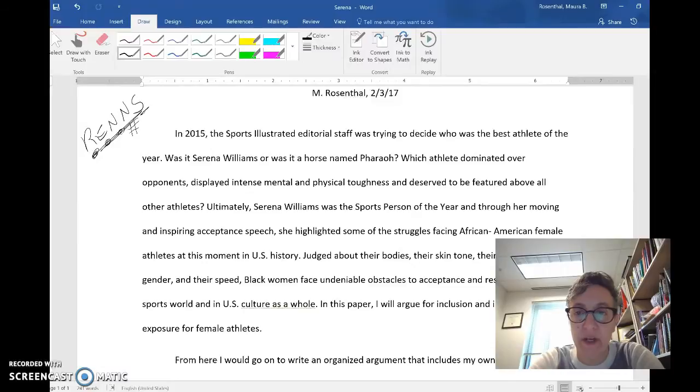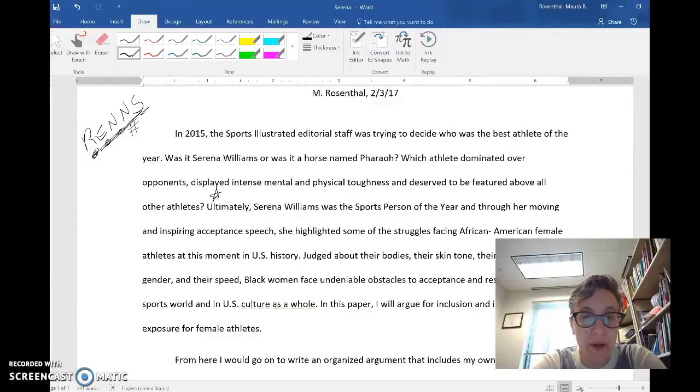I start the paragraph talking about who was the best athlete of 2015, asking questions about who actually dominated. This sentence here, ultimately, Serena Williams was a sports person of the year, and through her moving and inspiring acceptance speech, she highlighted some of the struggles facing African-American female athletes at this moment in U.S. history. So clearly, this is the sentence that I'm setting up for the rest of the paper.